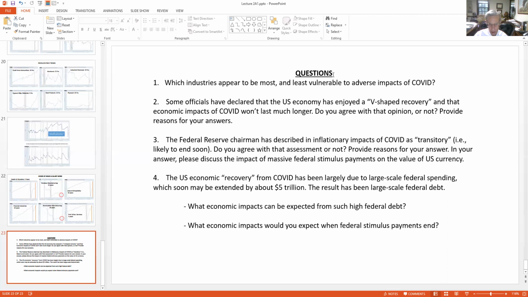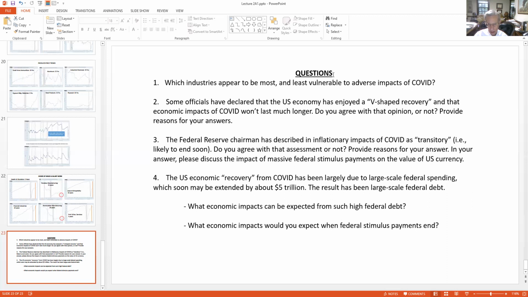And as I've mentioned, it could be that we'll see another 5 trillion added to the money supply and to stimulus payments. And so we've got large scale federal debt. What economic impacts do you think might occur as a result of high federal debt? Among other things, interest payments.